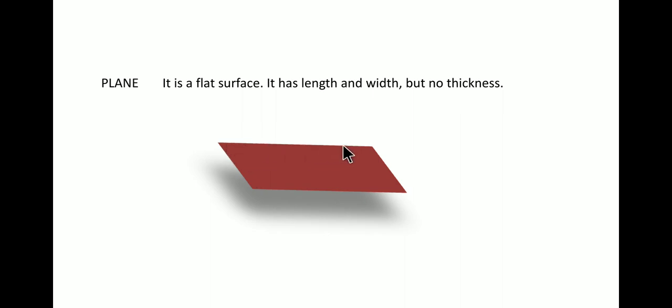This is the length, the longer portion. This is the breadth or width, but it has no thickness. As you can see, it's not thick enough. So it's like a piece of paper, which has very negligible thickness. All right, so it's like a sheet of paper. So this represents a plane.